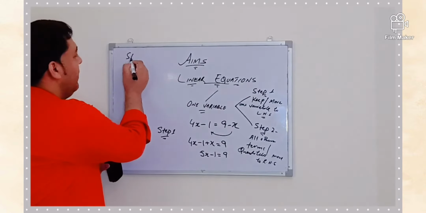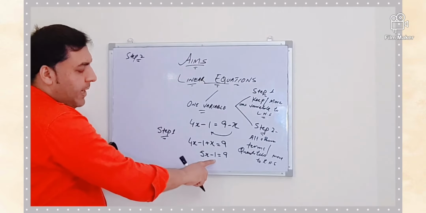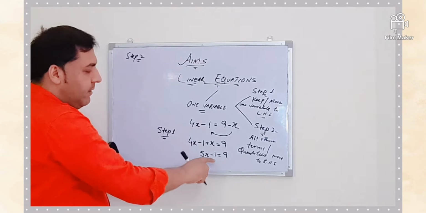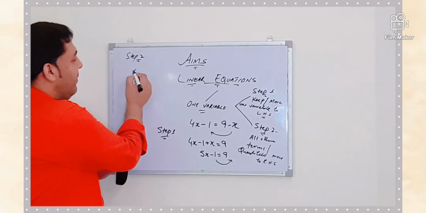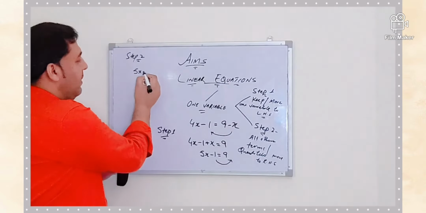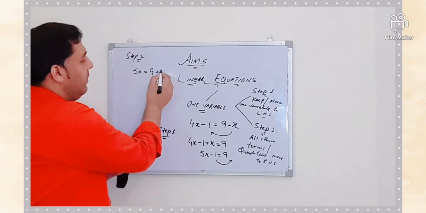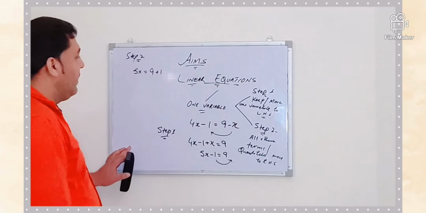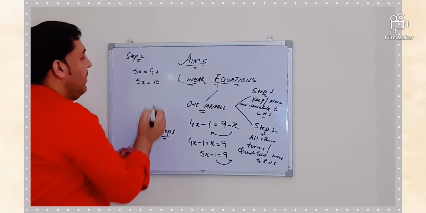So in step 2, this minus 1 is being subtracted, so we will move it to the right hand side. It will become 5x equal to 9 plus 1, and we get 5x equal to 10.